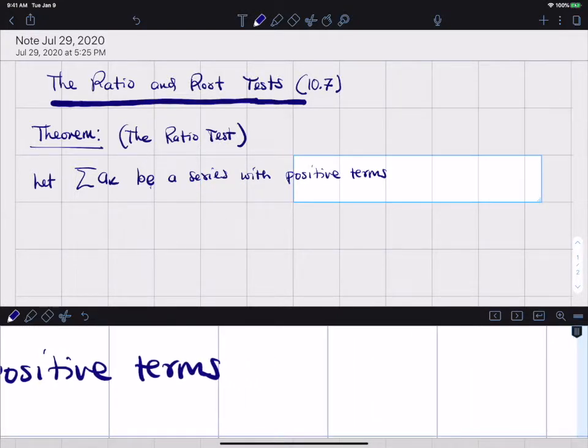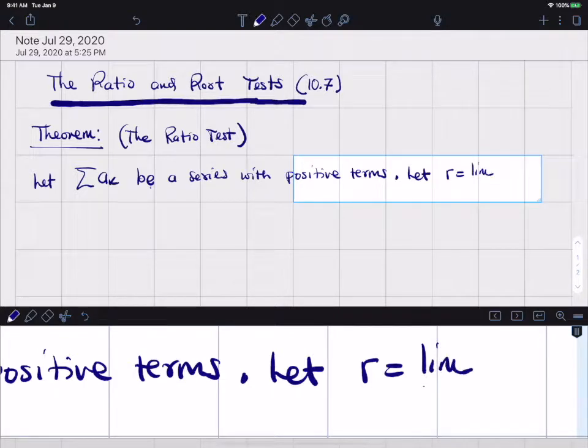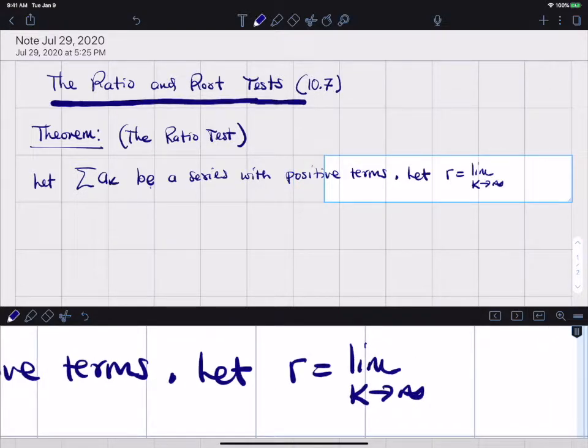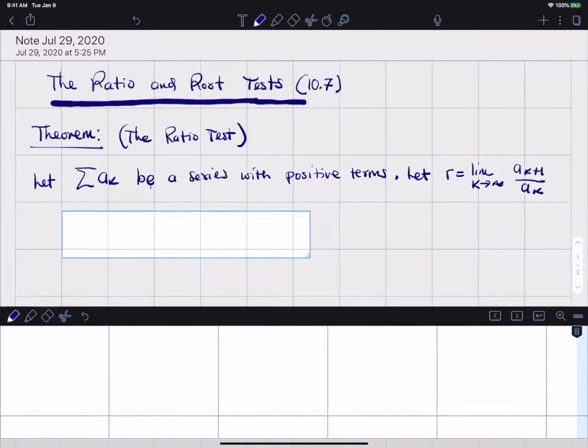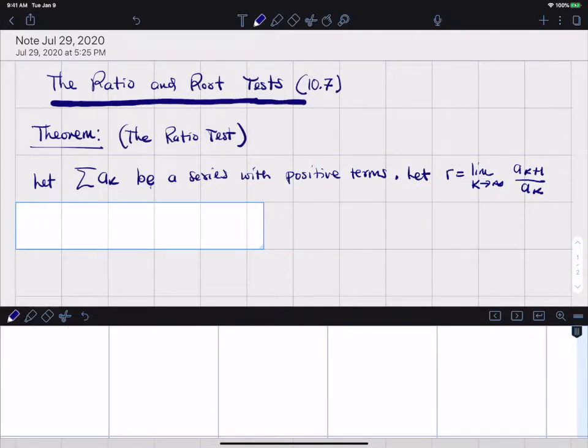And then let R be the limit as k goes to infinity of a_(k+1) over a_k. Alright?